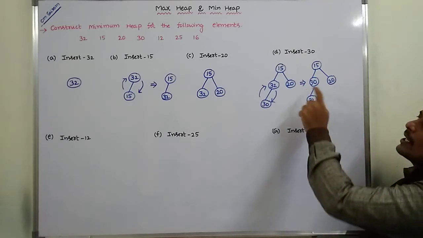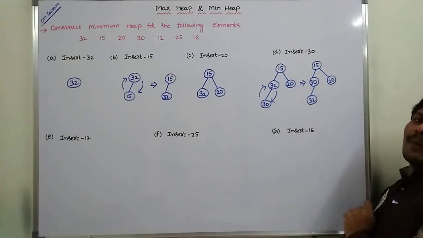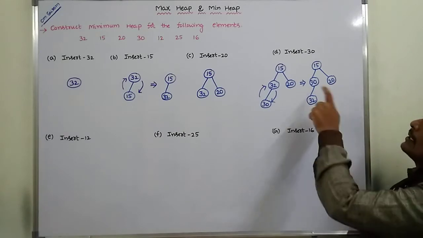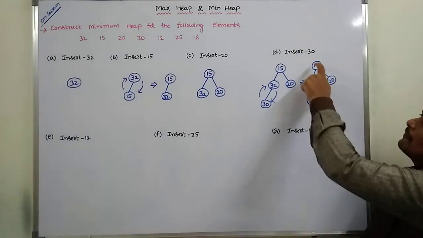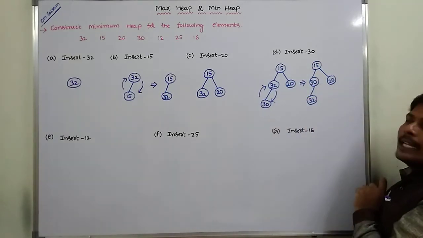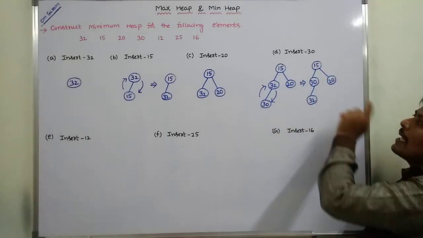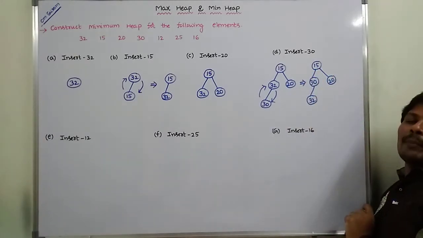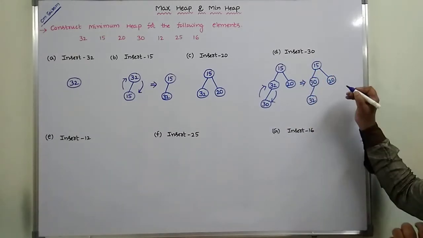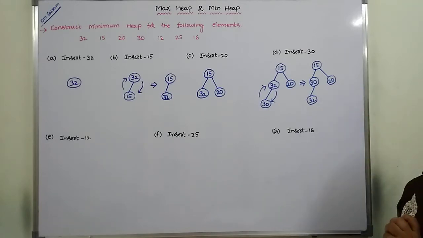As the condition is true, it satisfies the minimum heap property. Next, 30 and 20 have the parent 15. So 15 is less than 30, condition true. 15 is less than 20, condition true. Both satisfy the minimum heap property. Hence, we can say that it is a minimum heap.